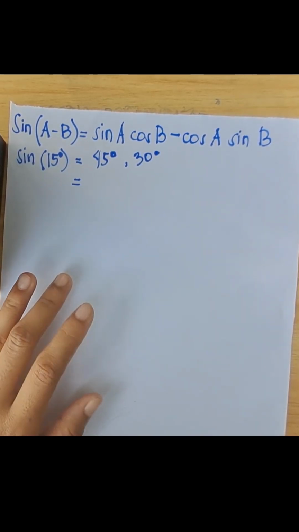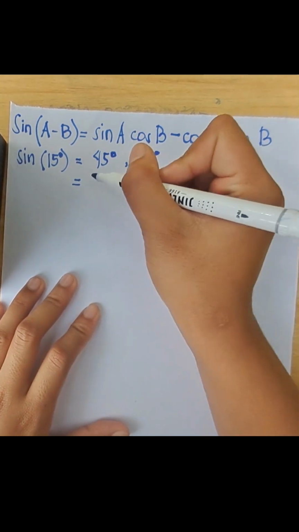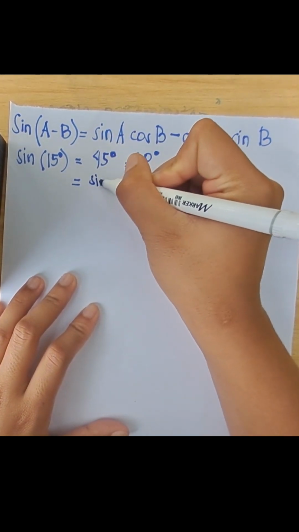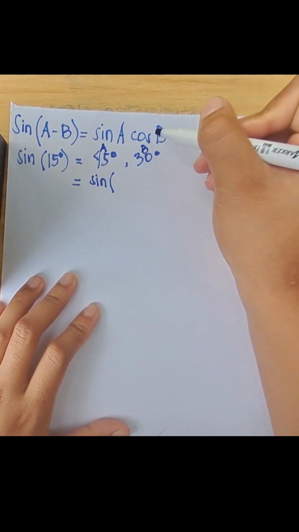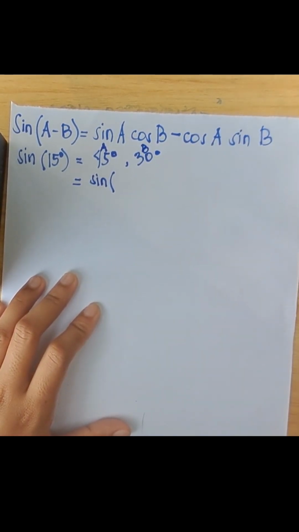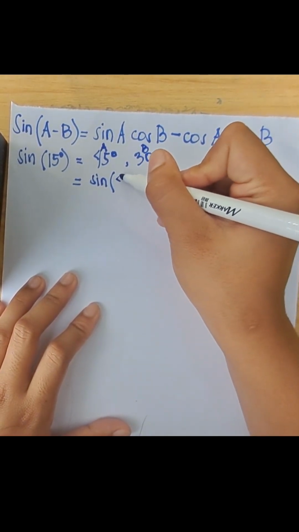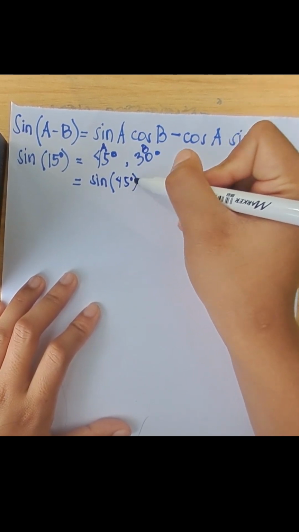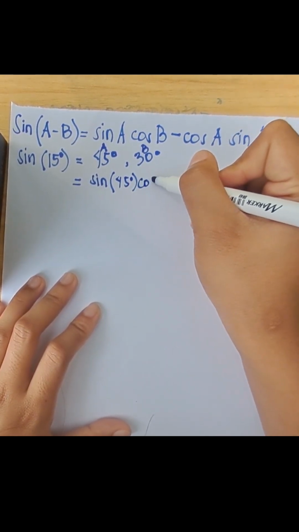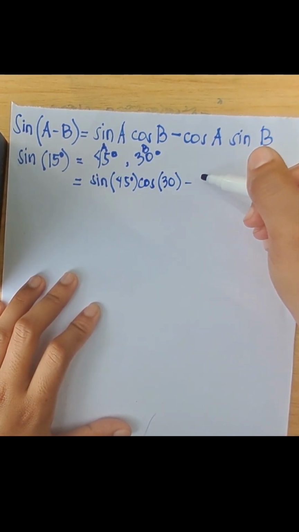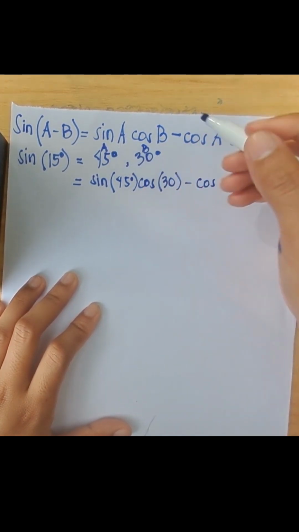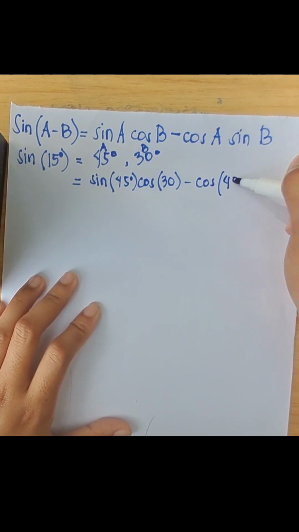Our A here is 45 degrees and our B is 30 degrees. So we have sine 45 cosine 30 minus cosine 45 sine 30.